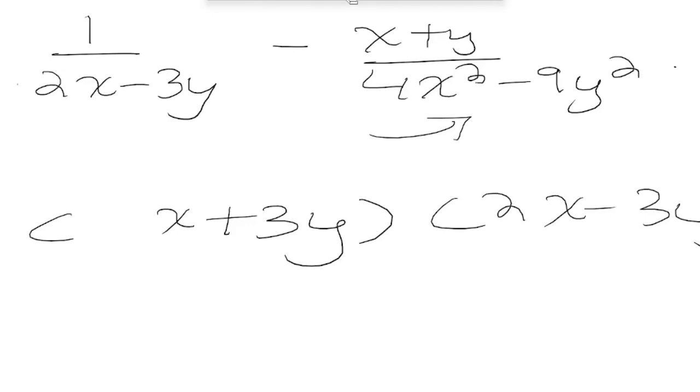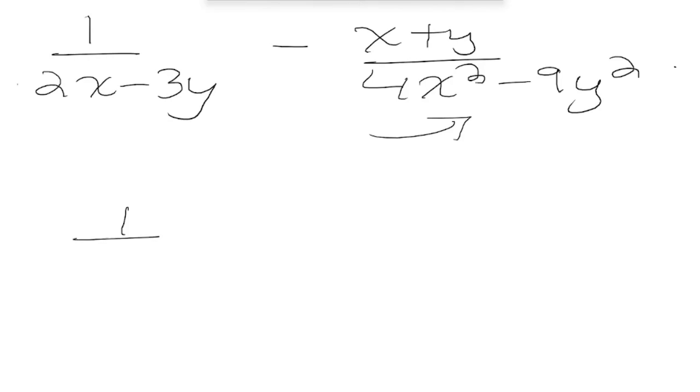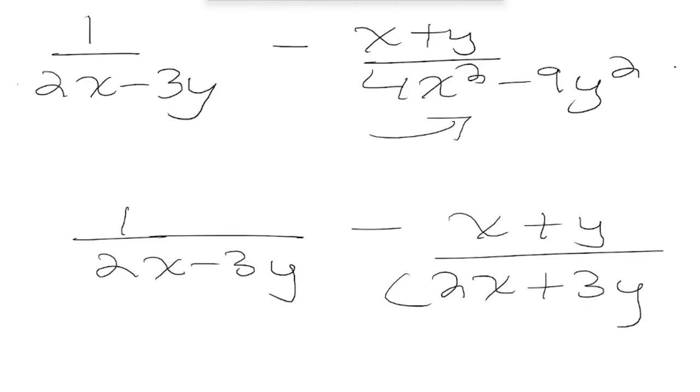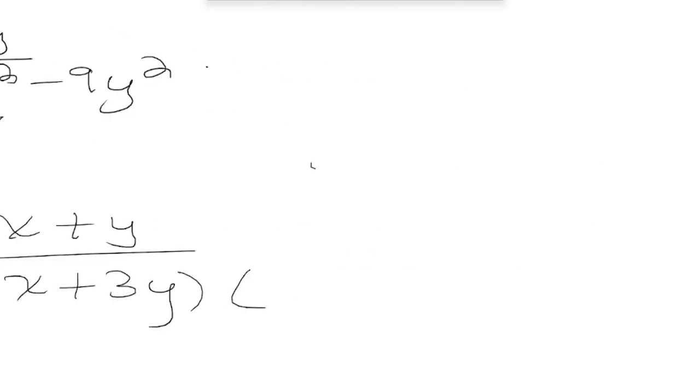So let's write this in a presentable manner. 1 over 2x minus 3y subtracted from x plus y divided by the simplified version, which is 2x plus 3y and 2x minus 3y.